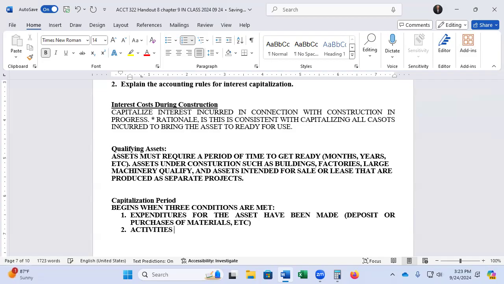Second, activities necessary for asset preparation are in progress. Third, interest costs are being incurred.